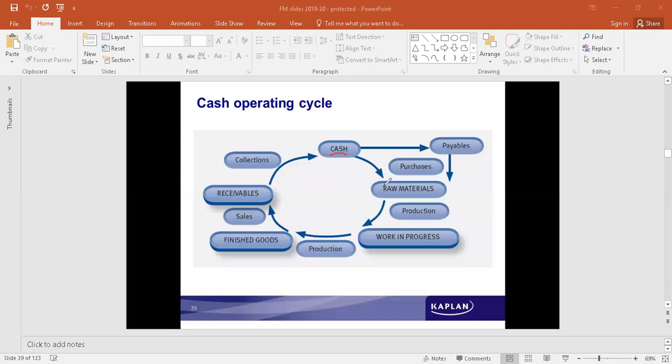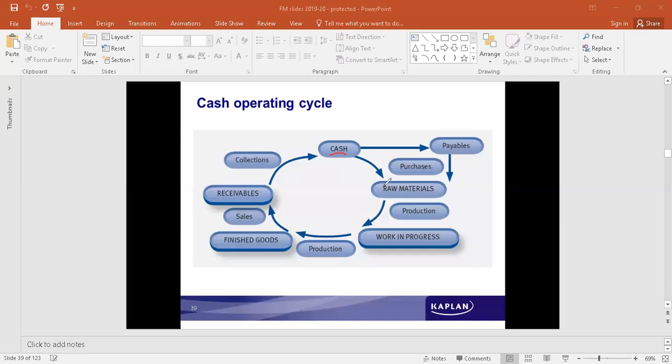Depending on the nature of the business, sometimes the production work gets completed in a short period of time, and sometimes it takes a very long period. In heavy industries, the production work itself goes into more than 1 year. It depends on the nature of the business.